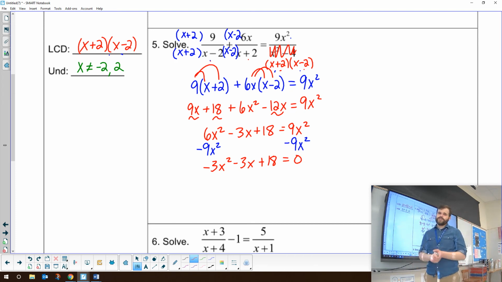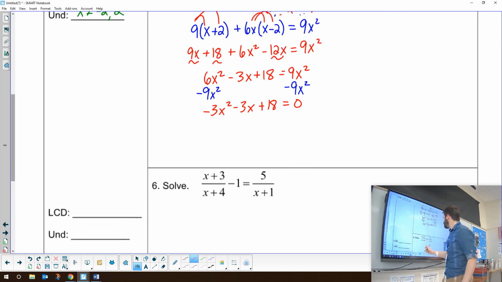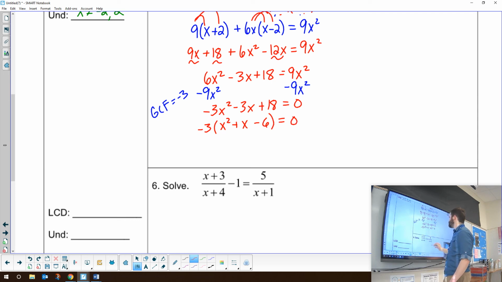So remember, first step in factoring is look for a greatest common factor. For this one, my GCF is, of course, going to be negative 3. So I need to pull out a negative 3 from each one of these. So it's going to be negative 3 times x squared plus x minus 6 equals 0. And now I just need to finish factoring.